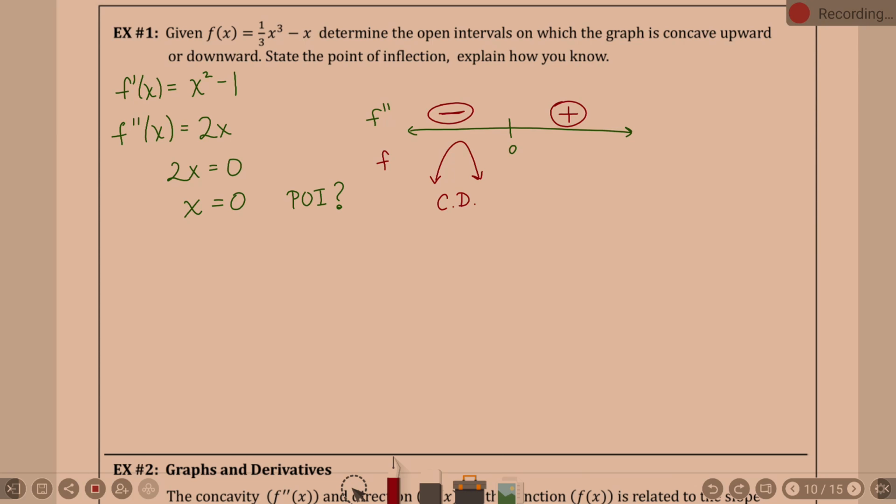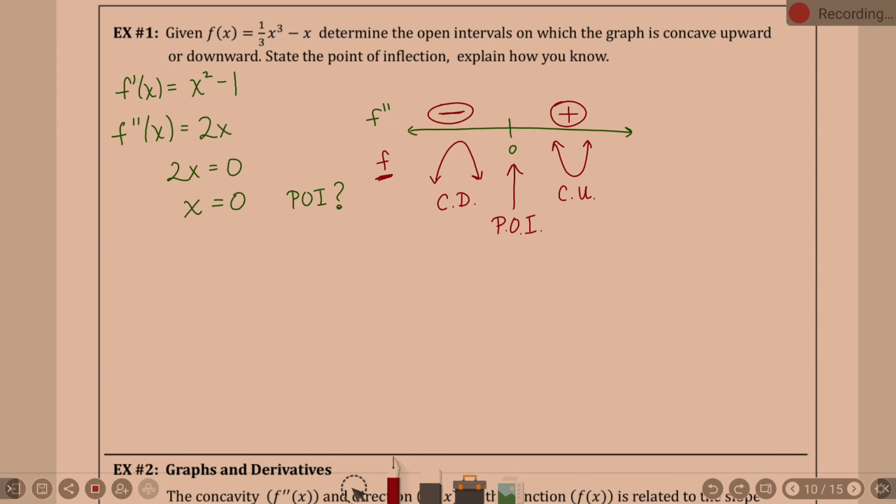A positive second derivative means the original graph is concave up. So what does that confirm about 0? It is an inflection point. POI. And that's the universal calculus abbreviation there.